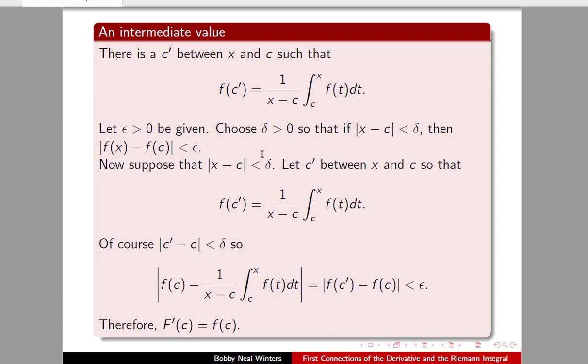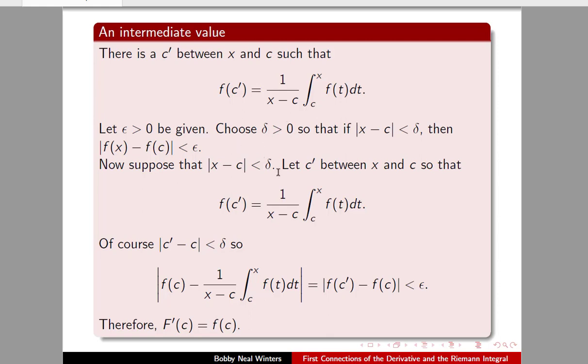Now let epsilon greater than 0 be given, and choose delta greater than 0 so that if the absolute value of x minus c is less than delta, then the absolute value of f(x) minus f(c) is less than epsilon.